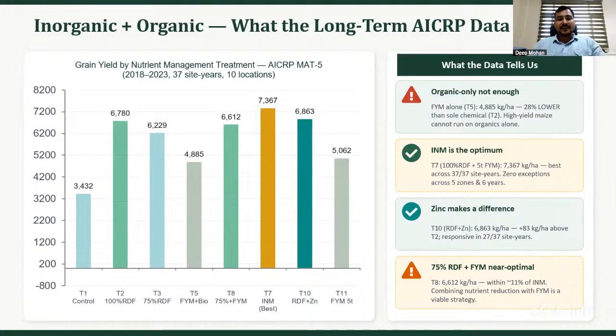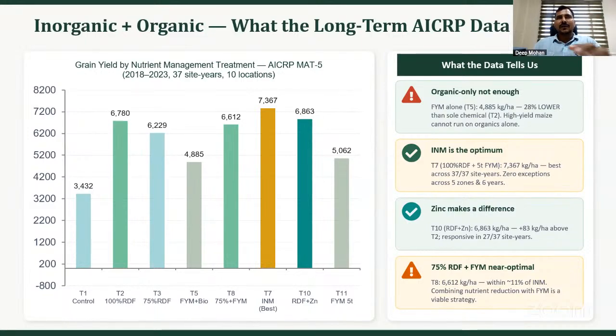So treatment 7, the INM, is better than treatment 2, soil chemical. Out of 37 site years, without any exception, without any single location, has the INM been lower than the chemical. There are no such exceptions.